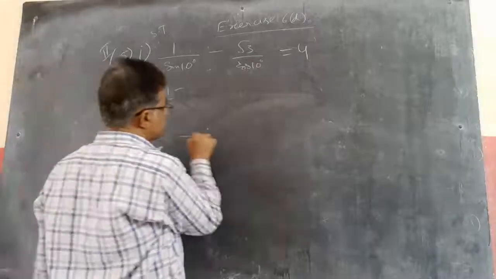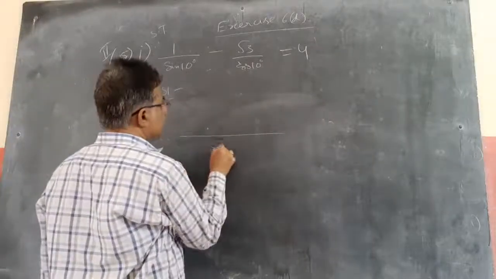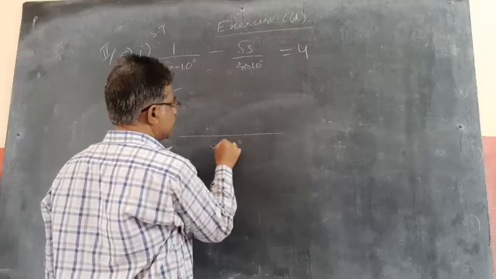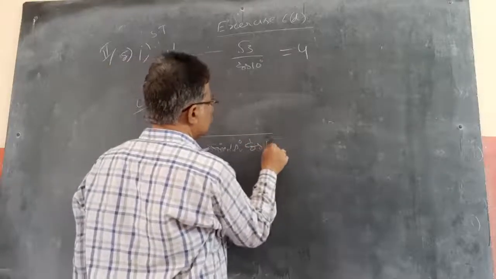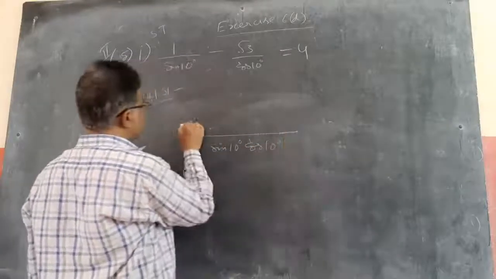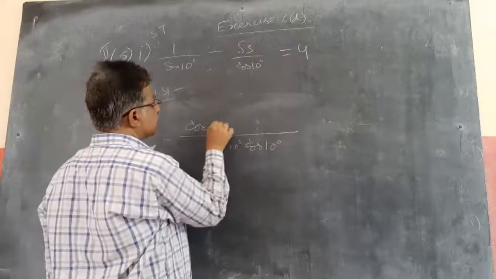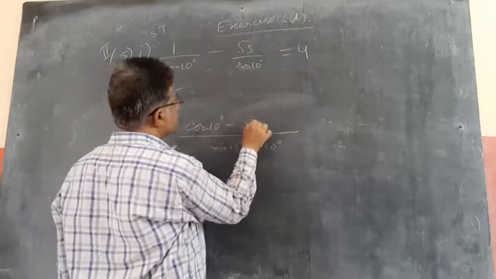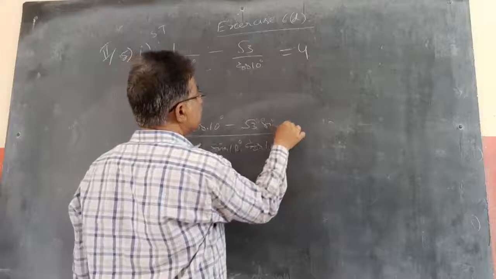So what is the LCM of the two? Sin 10 into cos 10. So here it becomes 1 into cos 10 degrees minus root 3 into sin 10 degrees.